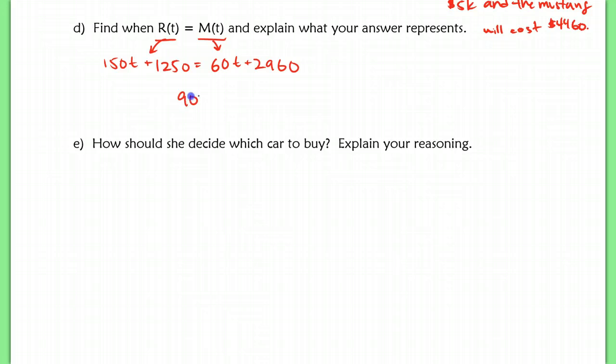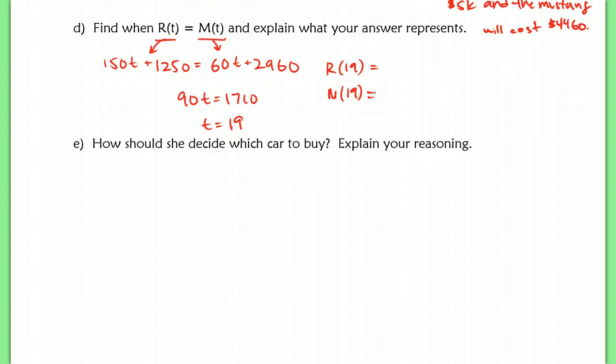Now I solve this pretty simple linear equation, and I get T equals 19. So in other words, R of 19 and M of 19 are going to equal the same amount. Okay, so I'm going to find next M of 19 and R of 19, and those values are 4,100.